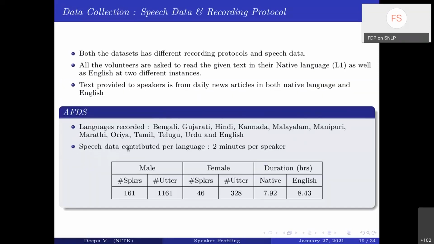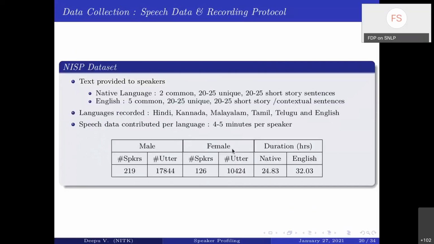So this is basically the set of languages. In the first data set, we had 10 different languages, with 2 minutes per speaker. In the second data set, which I said is the bigger one, we had around 20 to 25 unique short story sentences, and two common sentences.